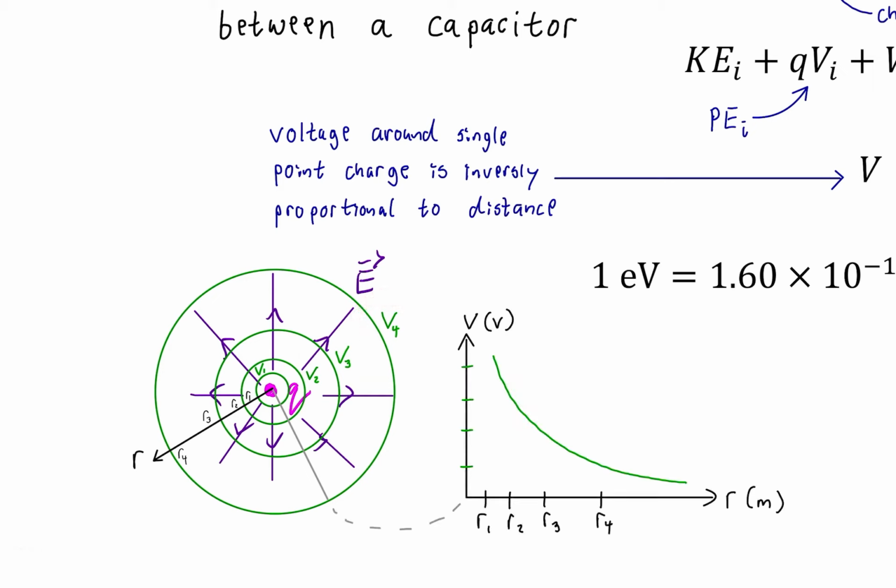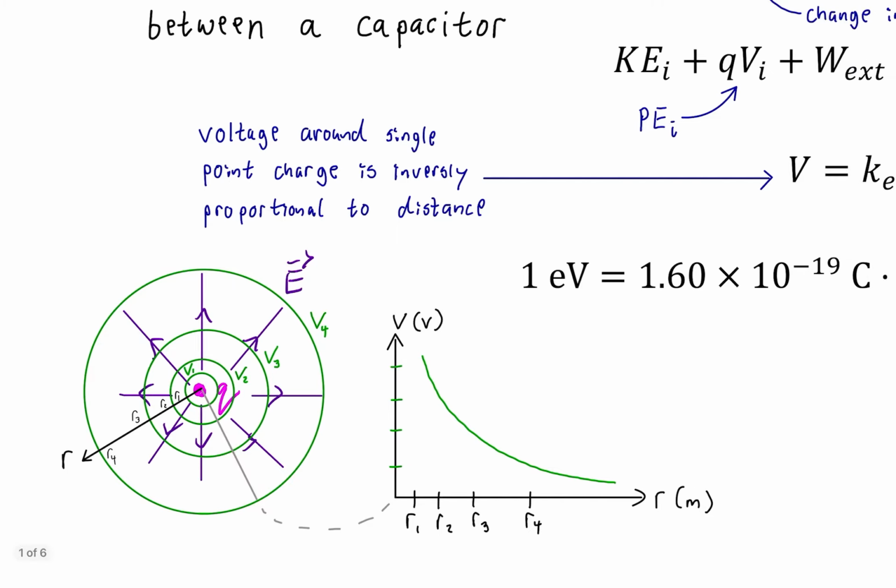All right. Now, we can consider a single cut down this line in gray, and then consider that cut as a graph of voltage measured in volts, I know it's funny, graphed against distance from the charge measured in meters. And we see that the voltage approaches infinity as we get closer and closer to the charge, because as we get infinitely close, we're dividing by a smaller and smaller number, so the voltage blows up, so to speak.